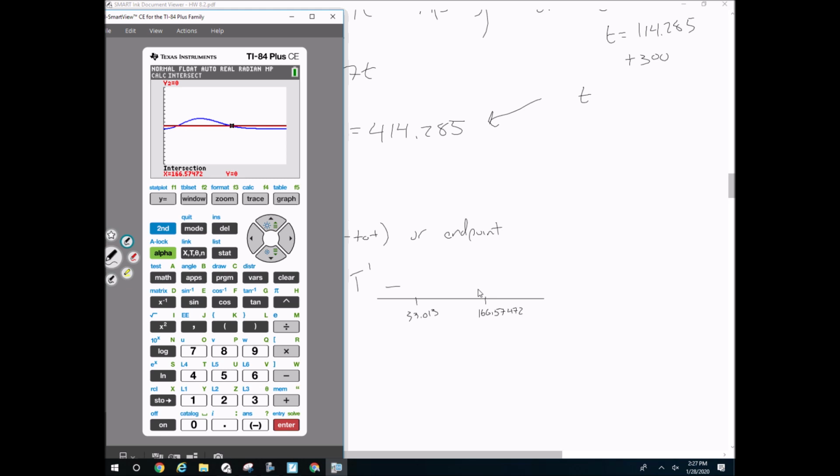Unfortunately, I need to kind of check, make sure these values are perfect, because I'm not using them in my answers just yet.